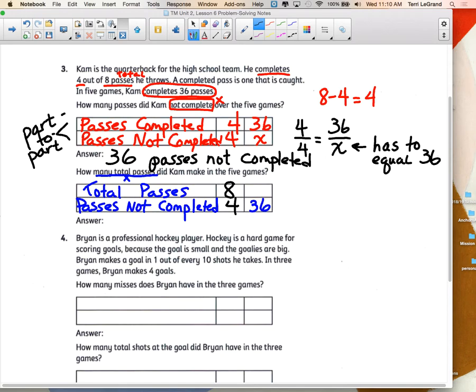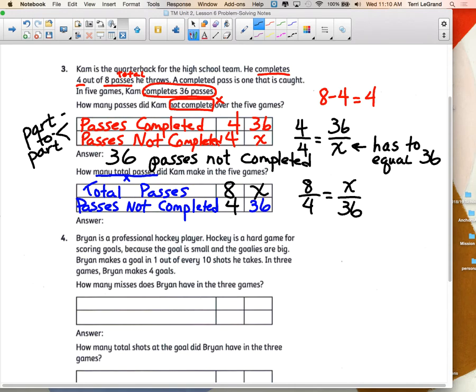Well then, if there were 36 passes not completed over the 5 games, that would be a total number not completed. Wouldn't the X go right here? Out of how many passes were there 36 not completed? Okay, finally. 8 over 4 equals X over 36.